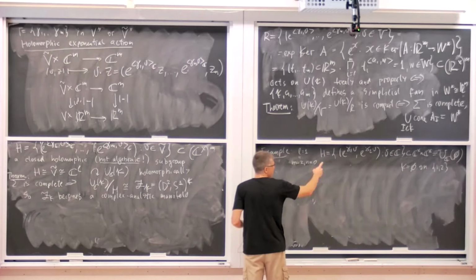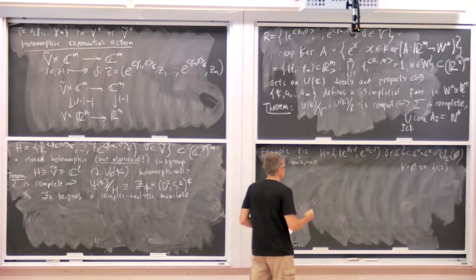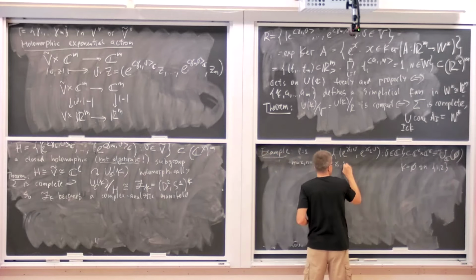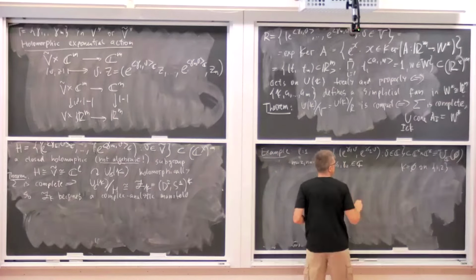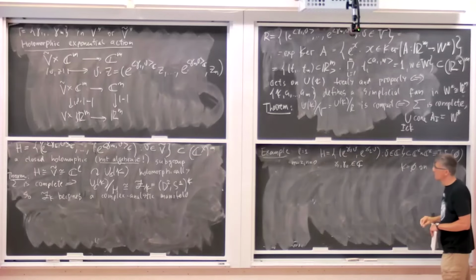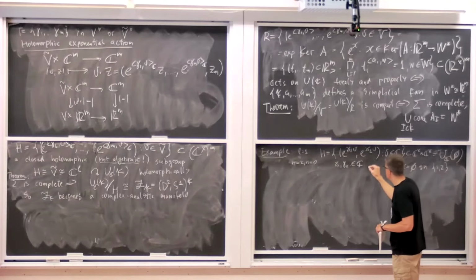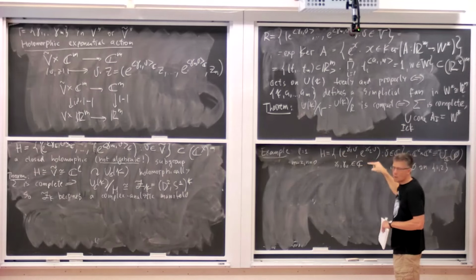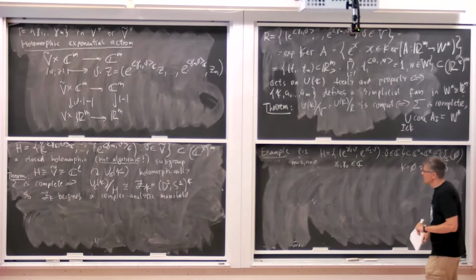Now if you just look at a subgroup like this, those gammas are just complex numbers, so this C is like R2 with a complex structure.